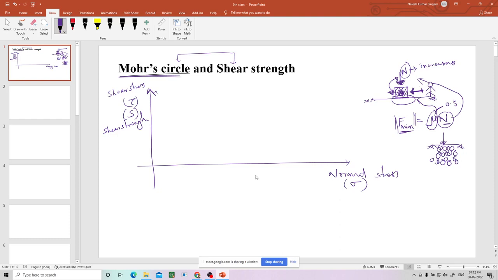Before telling about this shear strength, I want to tell you that the soil will always fail in shear. Remember this. It cannot fail in compression. It can fail under tension load and under compression load.